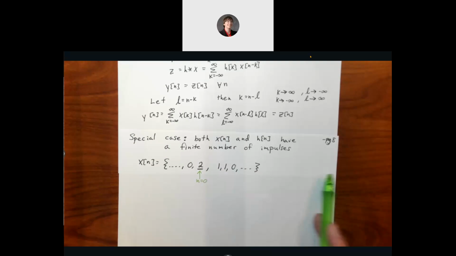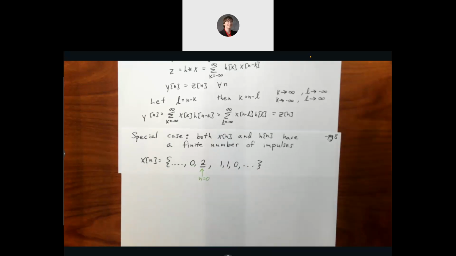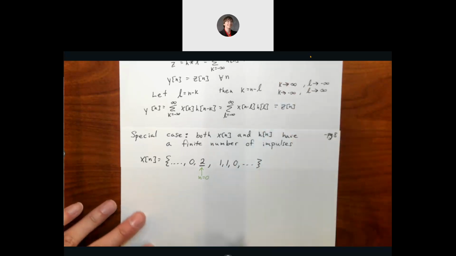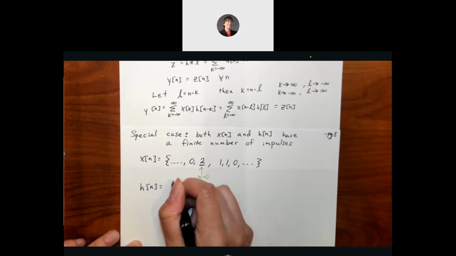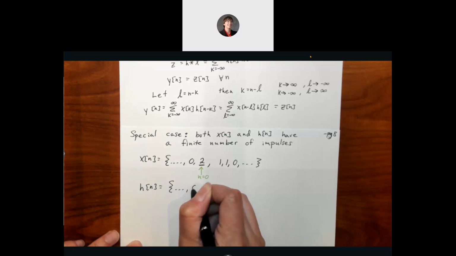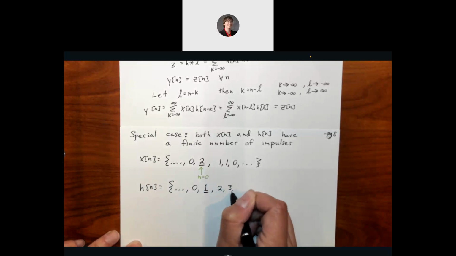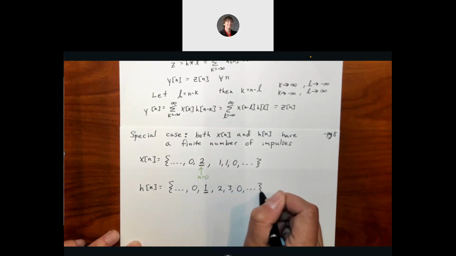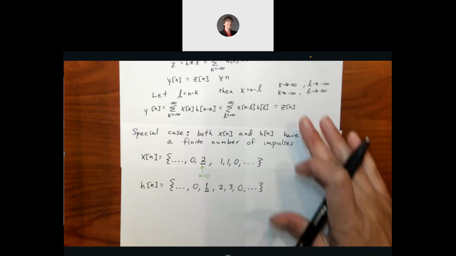And we can increment up on the right side, so this is n equals 1, 2, 3, and so on, and n equals -1, -2, and so on. And then let's say our h of n is like so. Right, so we only have 3 non-zero values for each of these signals.